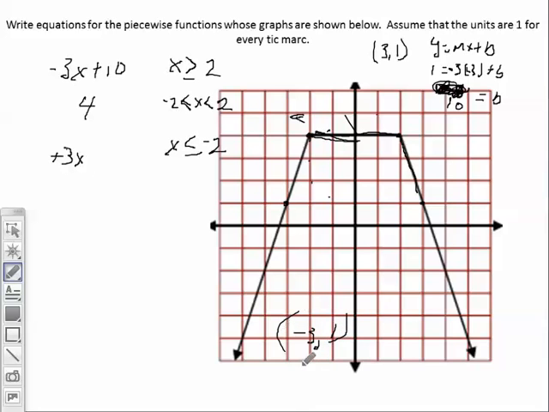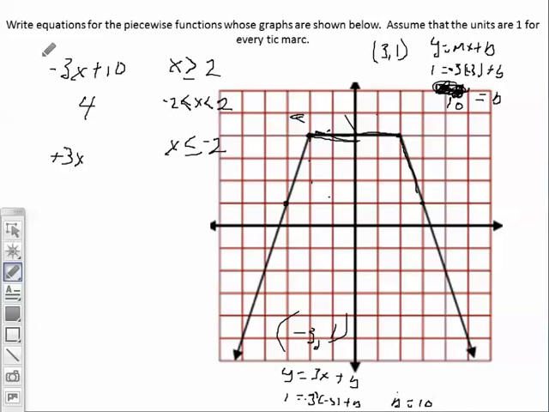Okay, using my slope-intercept form, y is equal to 3x plus b. 1 is equal to negative 3 times negative 3 plus b. That gives me a negative 9. Adding that to both sides, I get a 10. So b equals 10.